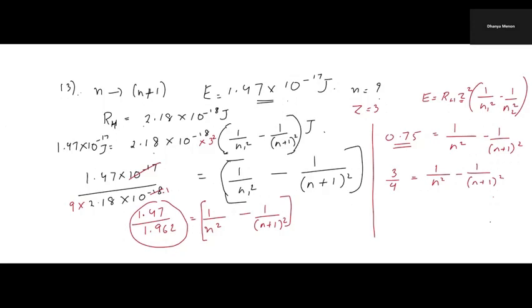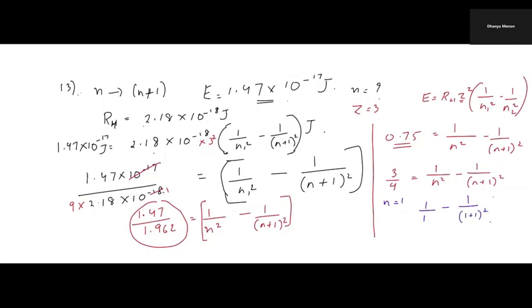Now we use the trial and error method again. Suppose we have n is equal to 1. Let's check what it is giving. So 1 by 1 square minus 1 by 1 plus 1 the whole square.